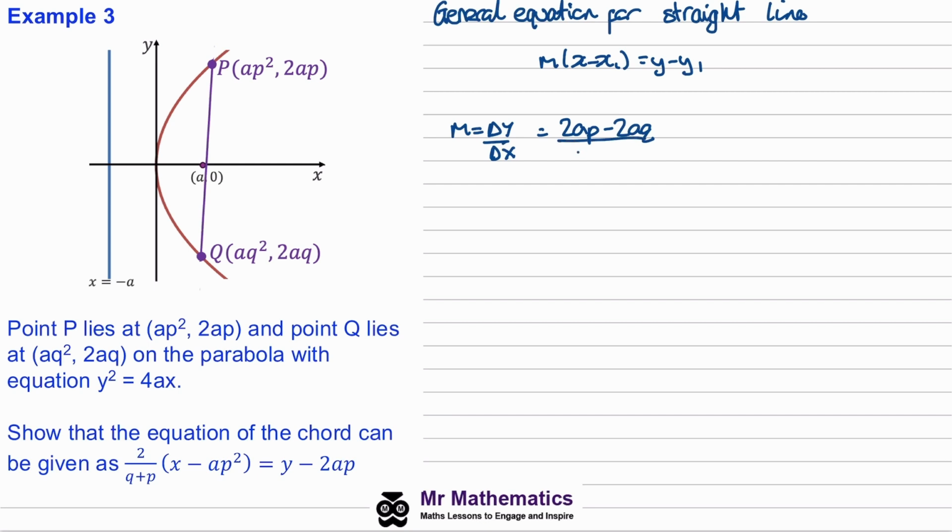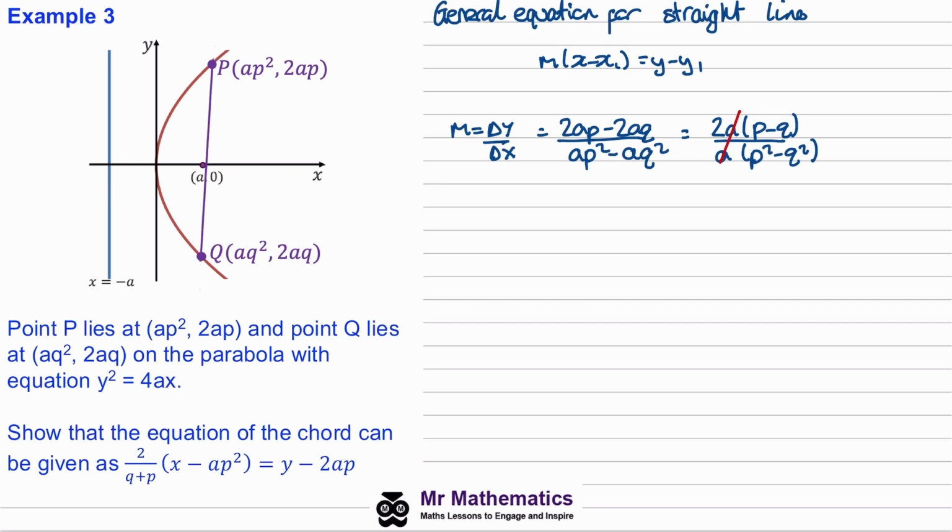So this will be ap squared minus aq squared. Now we can see at this point, on our numerator, we can factor out the 2a, and on the denominator, we can factor out the a. So we've got 2a multiplied by p minus q. Then for our denominator, we've got a lots of p squared minus q squared.